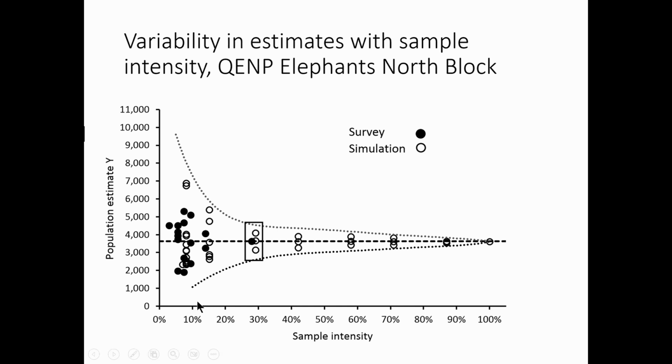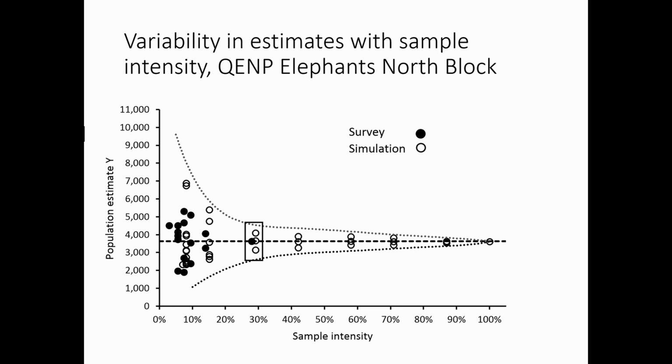If you look at the bottom end of the sampling intensity, often what's typically done across East Africa, you simply say, okay, we're going to randomize our transects out of a number of possible bunches, and we will get a range of possible answers as to how many elephants there are.